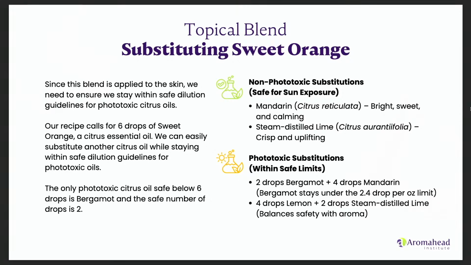Go ahead and put your 2 drops of bergamot in as a substitution, but then choose another citrus oil that isn't phototoxic, like our 4 drops of mandarin. Or you could say, I want to use 4 drops of lemon and 2 drops of my distilled lime. Okay, so now we have a very balanced blend that is also very safe for the skin.